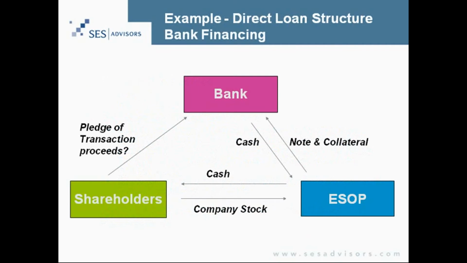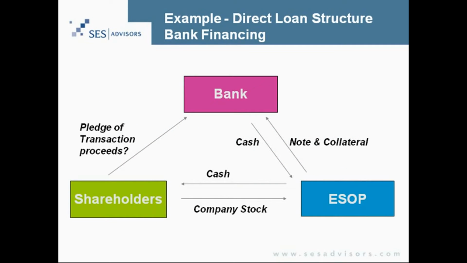So we're going to look at some charts of the different loan structures. The first is a direct loan, and this is not that common, but we used to see them years ago. This would be where the bank would sell directly to the ESOP and in turn take a note and collateral like they would with any borrower. The ESOP in turn would use the cash to purchase the stock directly from the shareholders.